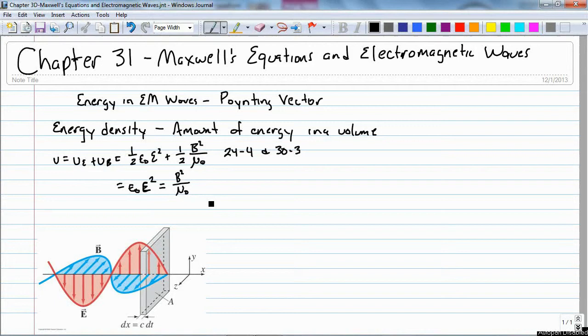And if we put in values from these equations and simplify, we can come up with also the square root of epsilon naught over mu naught times the electric field times the magnetic field. And all of these are equivalent.